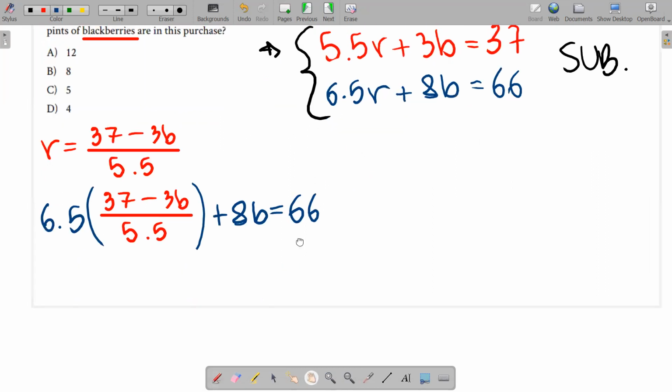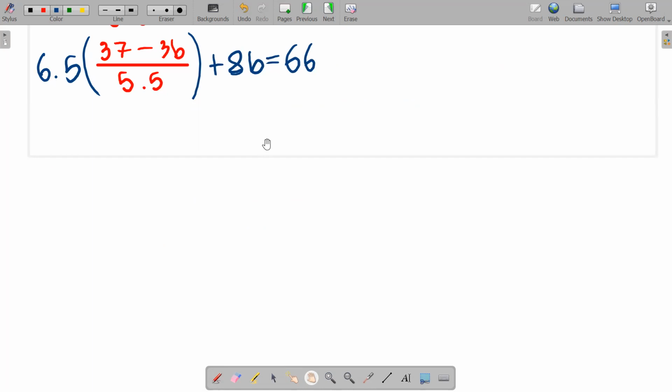I will solve it for B. How do I do it? First, simplification. I need to multiply the internal expression by 6.5. To do that, I will split those fractions, because that's something that we can do, right? The denominator 5.5 is going to be here and right here.